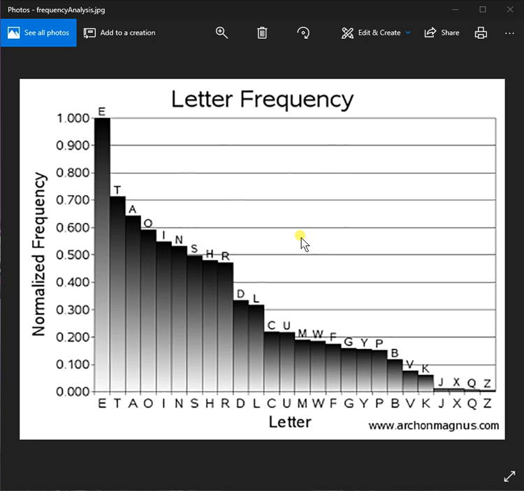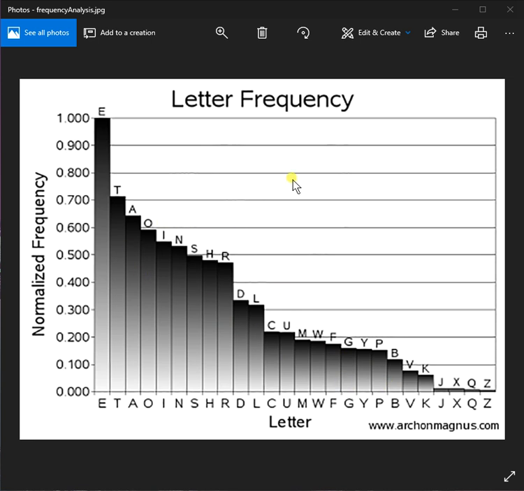And if you start to read some of the material on the DVD that's available for sale through the ACA, they spend a lot of time talking about the behavior of specific letters, especially the vowels, and trying to figure out, well, if we say that A is next to a lot of high frequency letters, but it's also next to a lot of low frequency letters, well, that might make it a vowel, whereas a high frequency letter that almost never touches a low frequency letter is more likely to be a consonant.